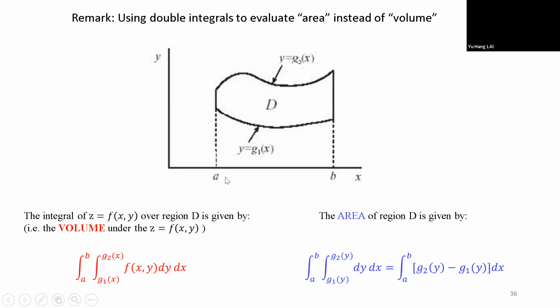Because you could imagine that if my function, the curved surface, is just one, then this double integral just becomes this, and this is basically the area of this region here.